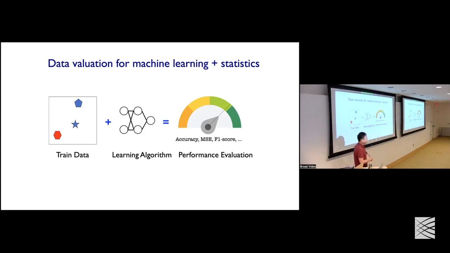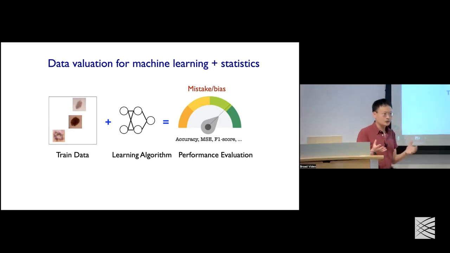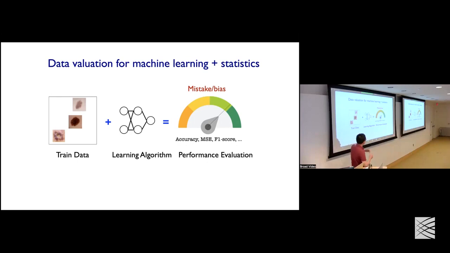And then you have some performance metric that you care about, which could be accuracy or how well this works in a particular deployment setting. Like in the example I was mentioning, the training data are these different dermatology images, the learning algorithm would be this convolutional neural network, and my performance is how the algorithm works across these different skin tones, across different populations.